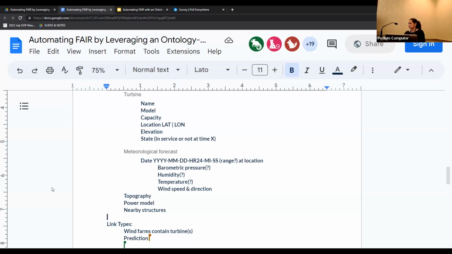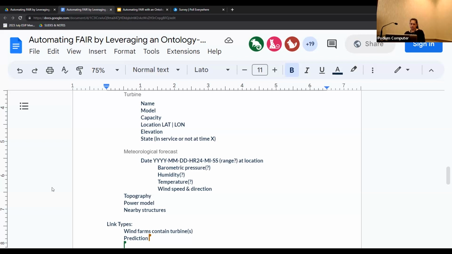The question is whether that power model is a semantic thing, or just a model that takes instances of other objects as inputs. We also discussed whether nearby structures were big enough to have any impact on the power generation.